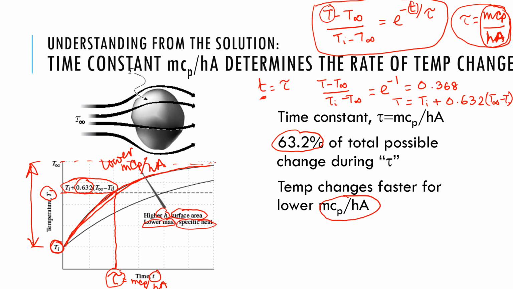Note, we don't have any thermal conductivity because the conduction inside is ignored. It says it's fast enough because the material is either very thin or highly conducting or so on. Okay.